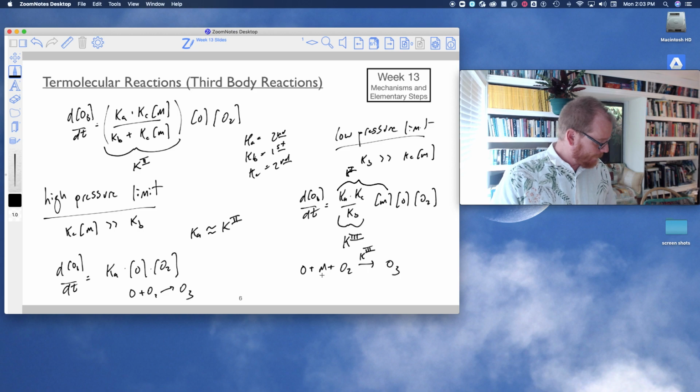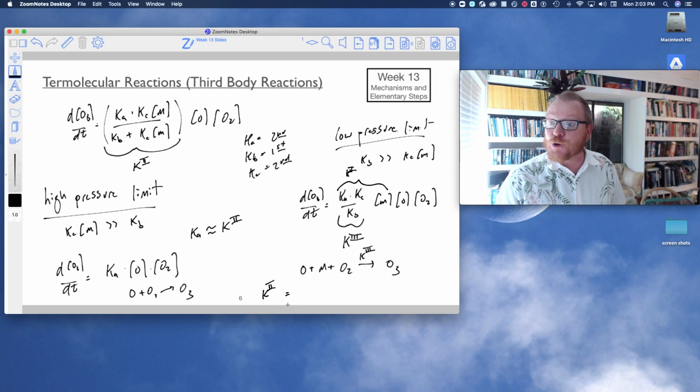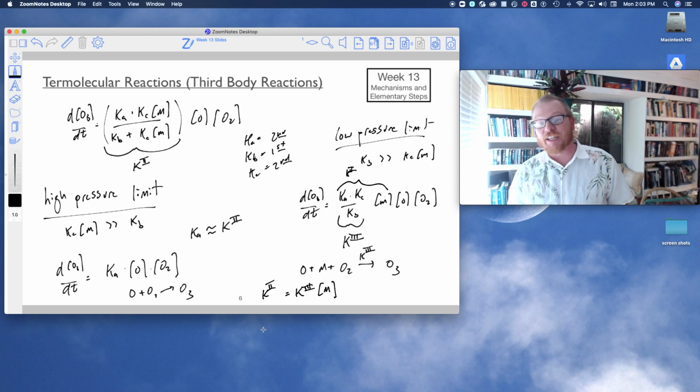All right, and so what that means is our effective second order rate constant, or really I should say, this becomes a pseudo second order rate constant when we consider that K123 times M basically just gives us K2.